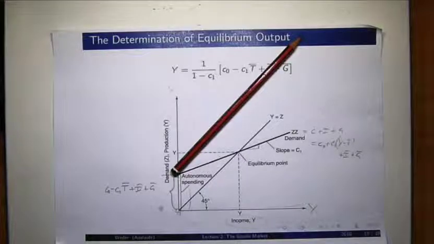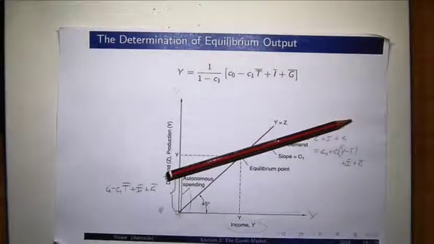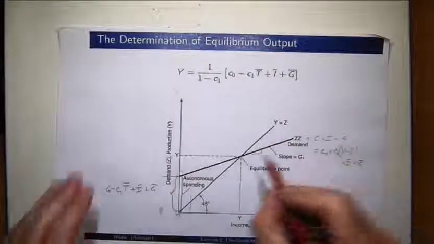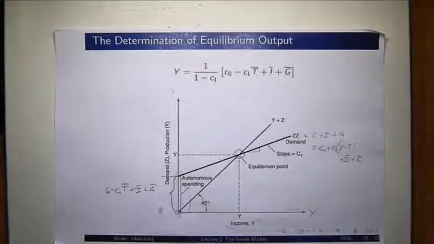However, if C1 is less than 1, then at some point these two curves intersect. And only in this point, what you call an equilibrium point, does production equal demand. So this is the point where the goods market clears.